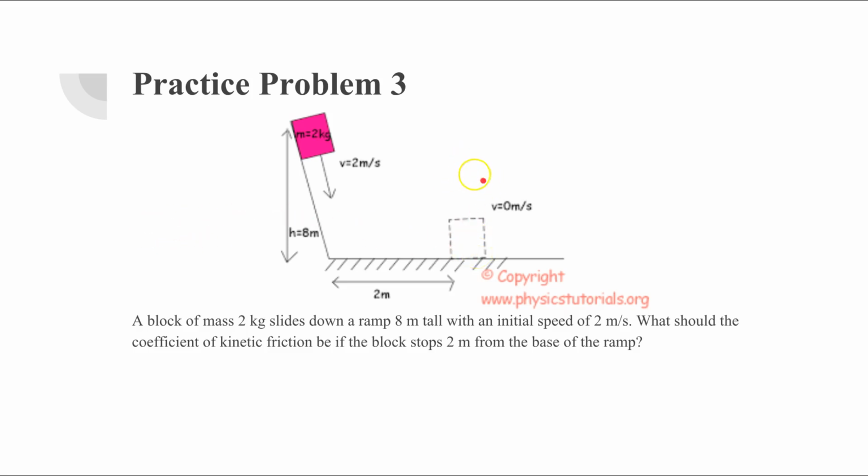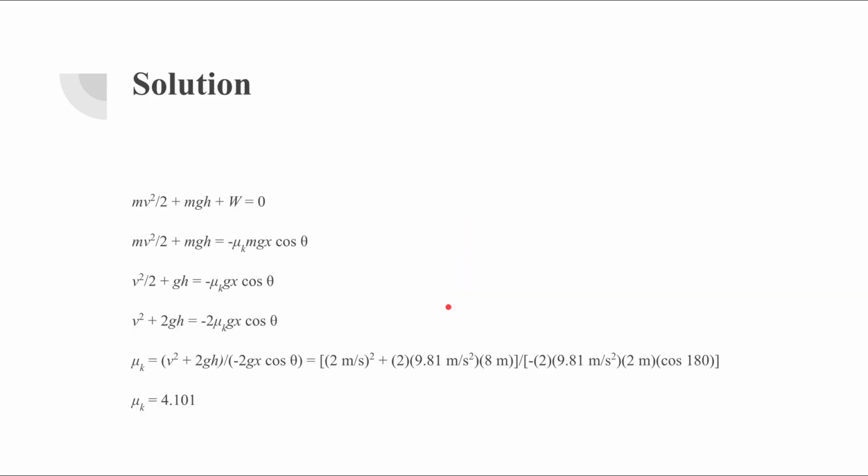On a horizontal surface, Fn will be balanced out by mg, because it's not moving up or down, it's just sliding across horizontally. So the normal force will be mg. You cancel out the masses. We get v squared over 2 plus gh equals negative mu k gx cosine theta.